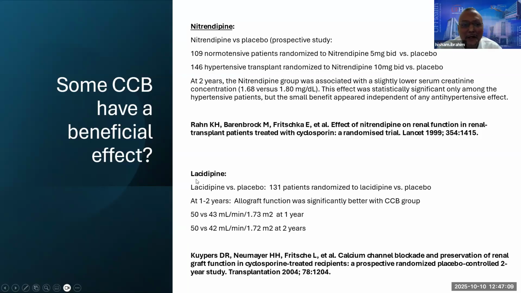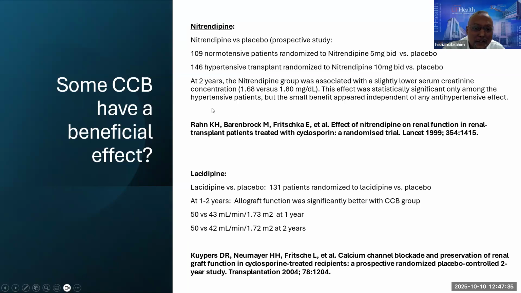And this other calcium channel blocker, lacidipine versus placebo, showed a stronger effect. 131 patients were randomized to lacidipine versus placebo at 1 to 2 years. Allograft function was significantly better in the lacidipine group. So 50 versus 43 at 1 year, lacidipine versus placebo, and 50 versus 42 at 2 years.